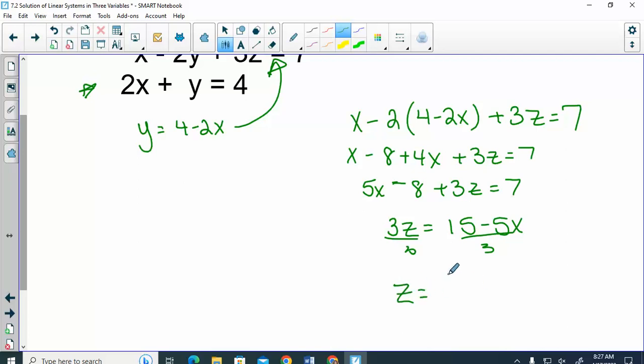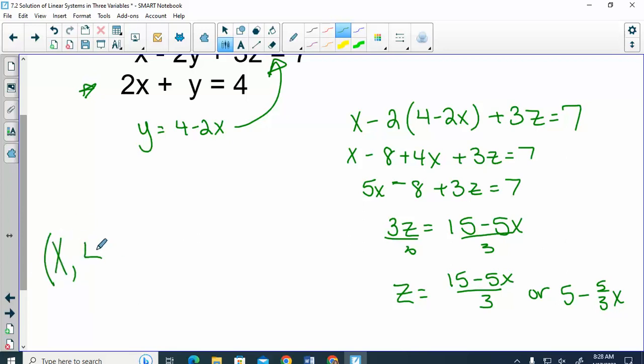So z is, you could write it a couple different ways. You could say 15 minus 5x all over 3, or 15 divided by 3 is 5, minus 5/3 x. It doesn't matter which one you write. So that gives us our answer.